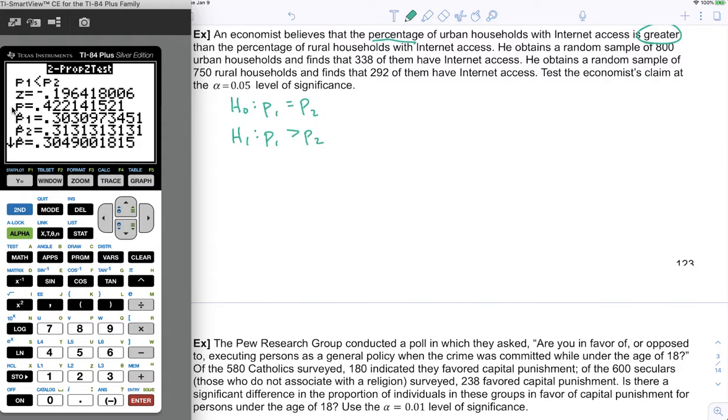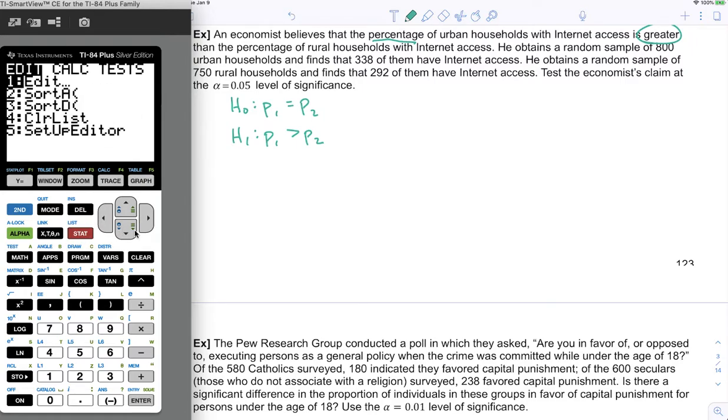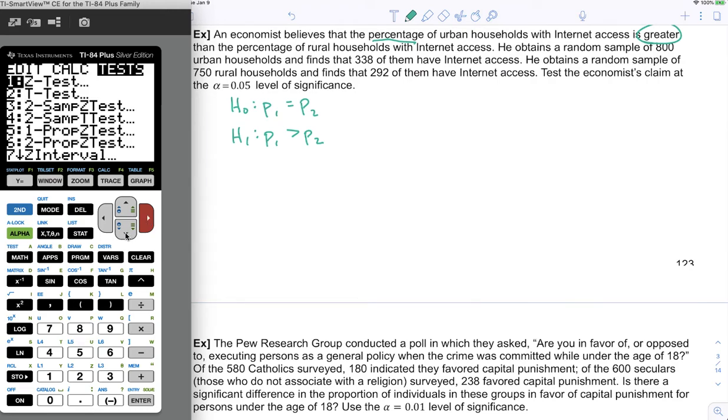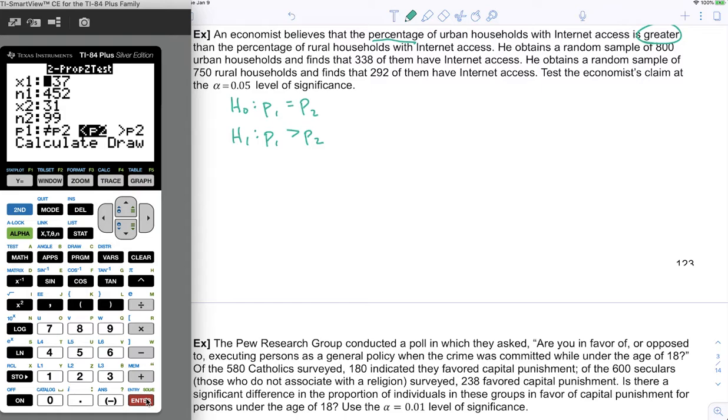Okay, so in order to test this, we need to go to our 2-prop z-tests and get the p-value. So I'm going to go to Stat, arrow across to Tests, and go down to number 6, 2-prop z-test. Okay, so X1, N1, these are the urban household numbers. 338 people had internet access out of a sample of 800.